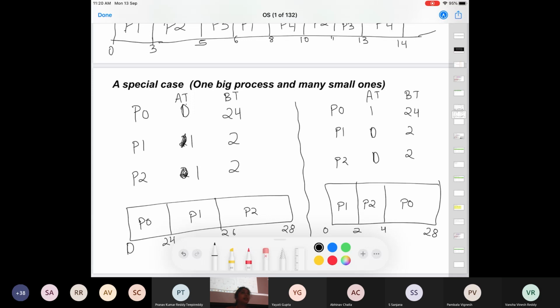But what becomes different? Now can you compute the waiting time for these processes and tell me what it is? Let's write down the waiting time in both the cases and see how significantly it differs with just a small change in the arrival time of the processes. So tell me the values.